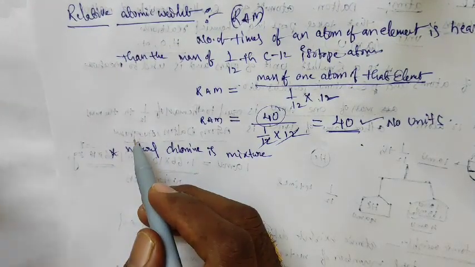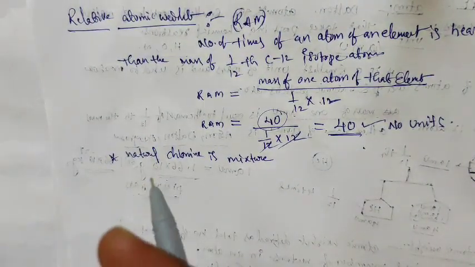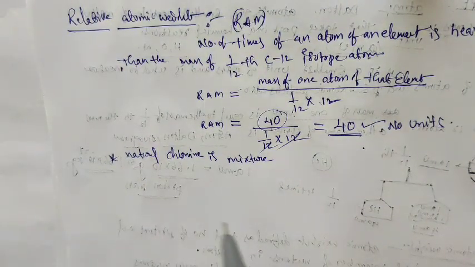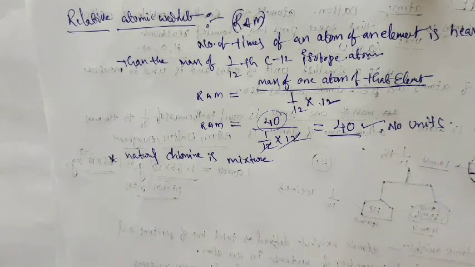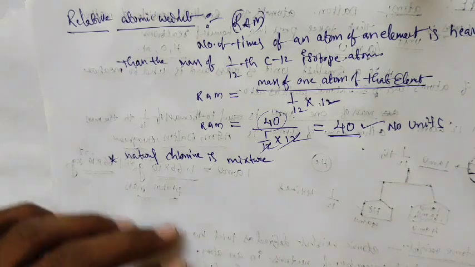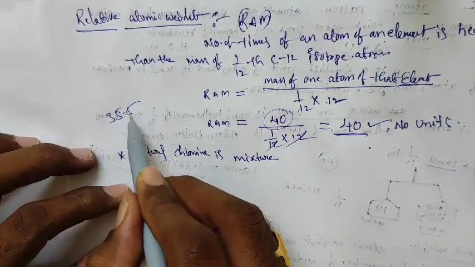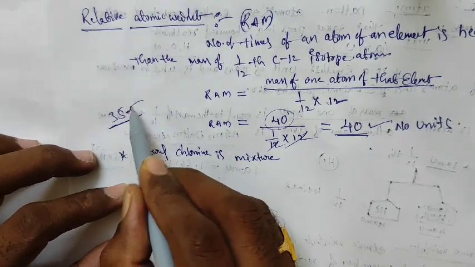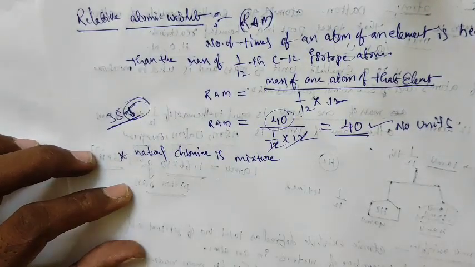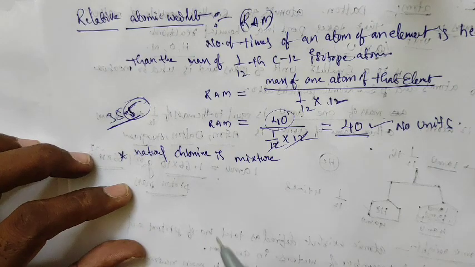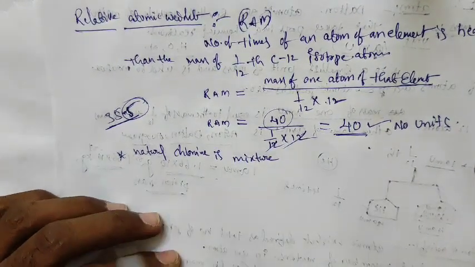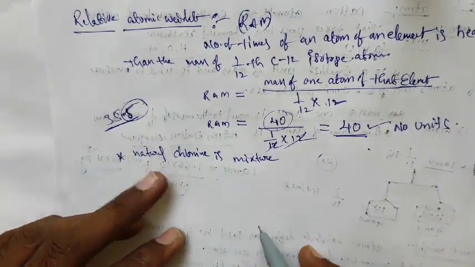I said before that the total number of neutrons and protons is the mass, but is it really true? Chlorine mass is how much? 35.5 will come. Does that mean half a proton or half a neutron is there? No. Why did 0.5 come? That is what we are discussing now.